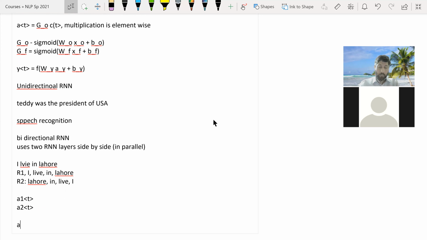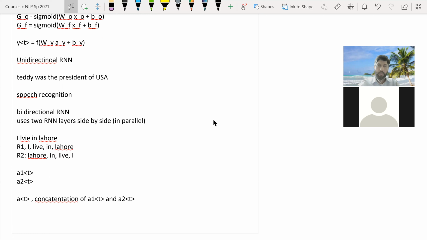So the final output A^t is basically, of course, there are many options: concatenation of A1^t and A2^t. Okay? And now your final output would then proceed on this vector A, not A1 and A2.